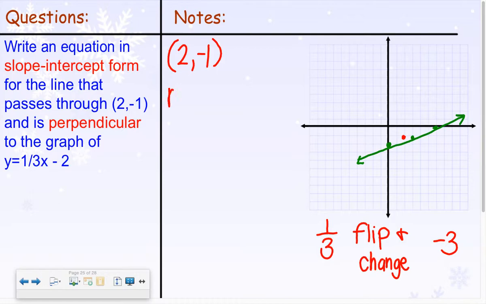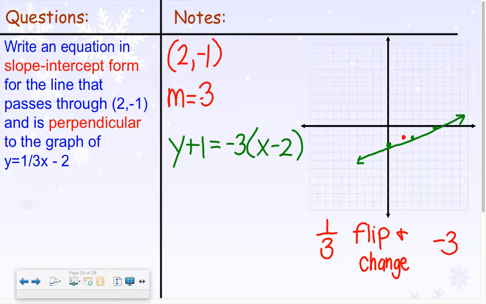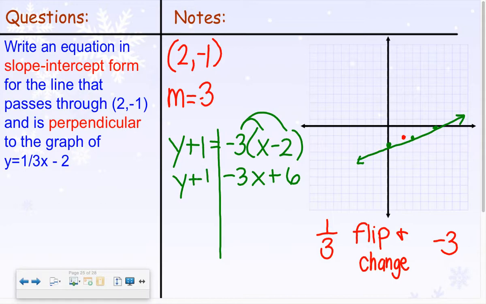So that's going to be my new slope. So take your point and your slope, put it in point slope form, and then solve it to get it into slope intercept form, which is what they're asking for. Remember, a negative times a negative makes a positive, so it should be a positive 6.